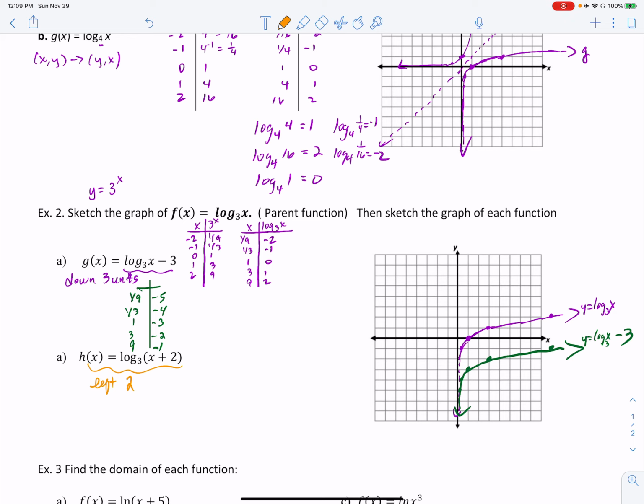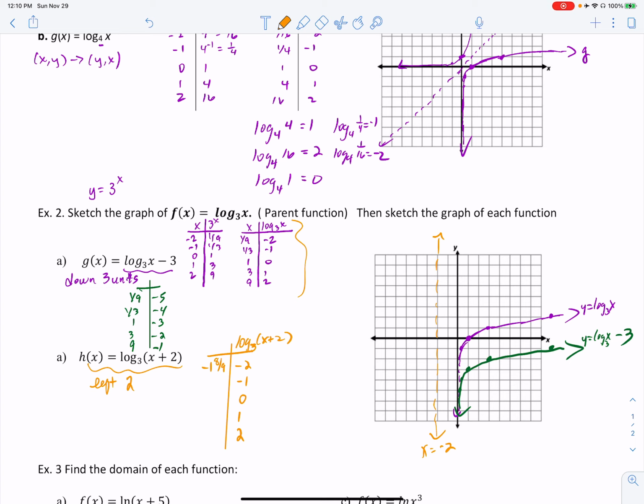And so now we're going to have a vertical asymptote at x equals -2 instead of x equals 0, the y-axis. And that affects your x coordinates, not your y. So right here, if I have log base 3 of x plus 2, my parent function values are going to be the same for the y's, but I have to subtract 2 from the x's. 1/9 minus 2 is -1 and 8/9.